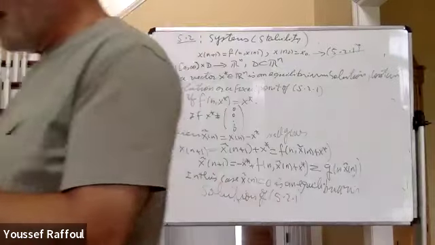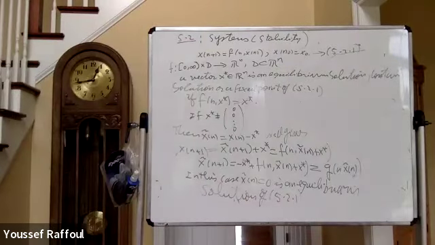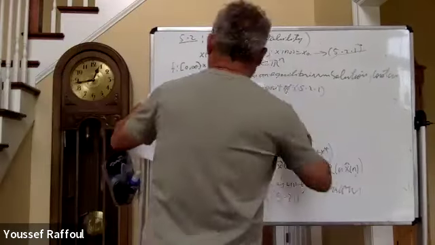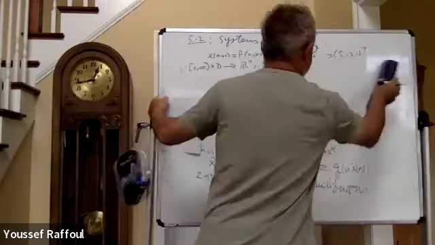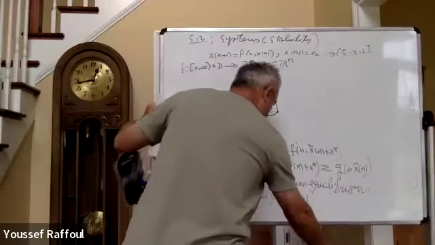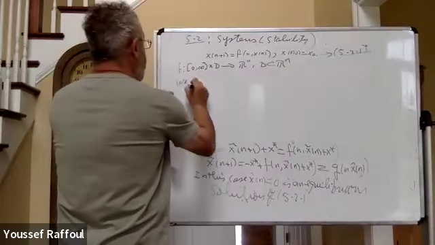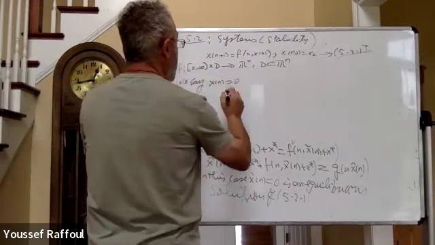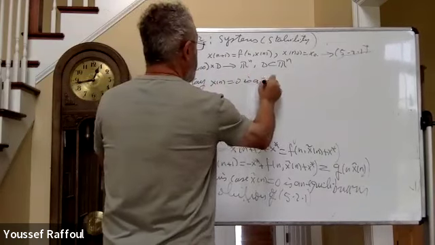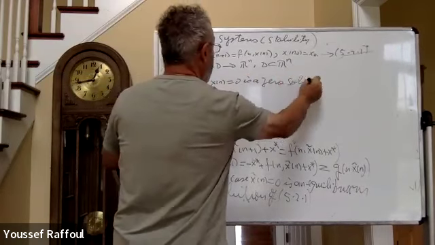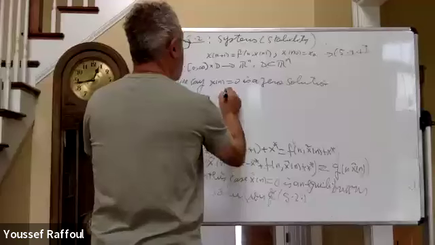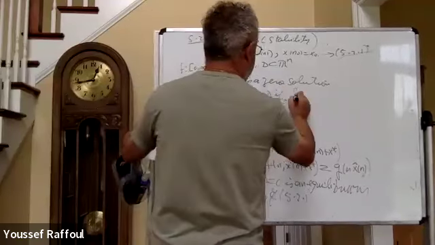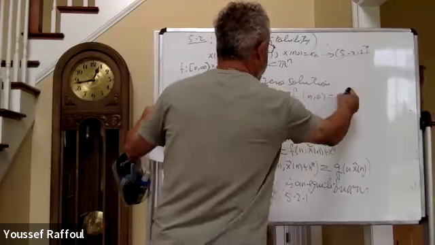So now we're going to talk about the zero solution. So now we say x_n equals 0 is a zero solution of 5.2.1 if f(n, 0) equals 0.